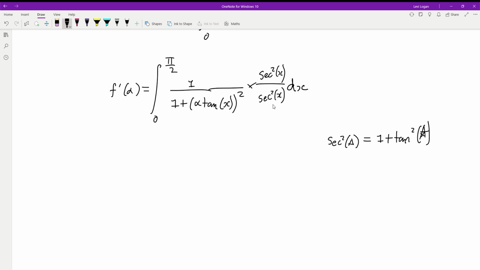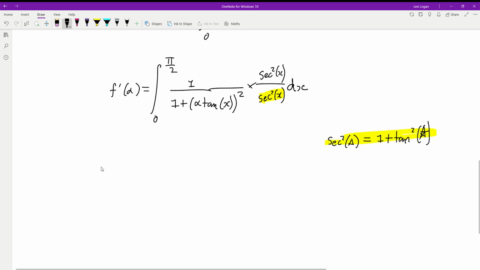So I can change the bottom very quickly. I'm not going to distribute the sec squared to both of them. I'm just going to insert this identity, replacing this bottom bit with this.